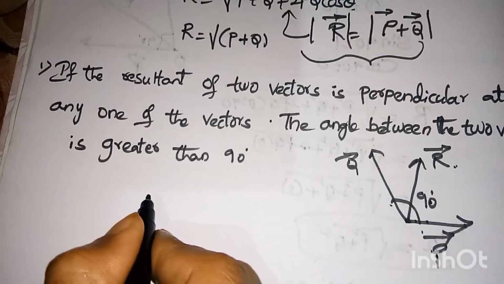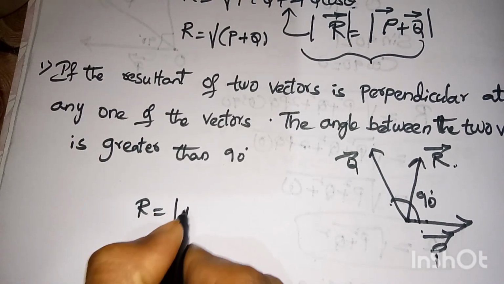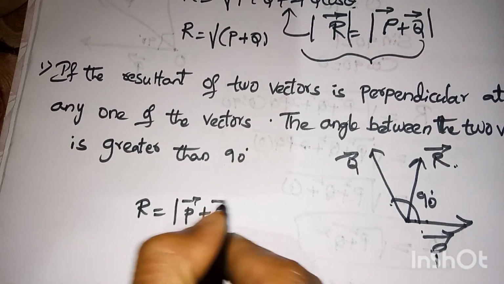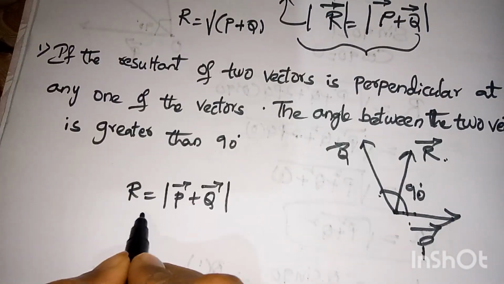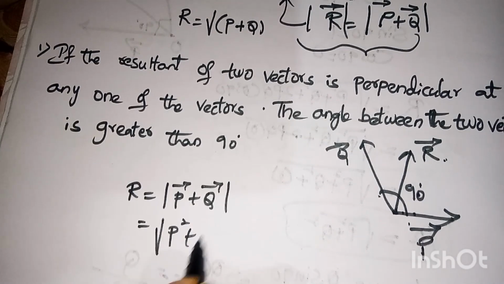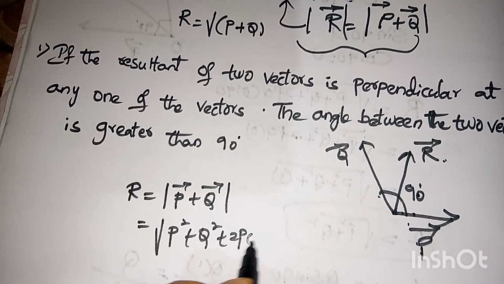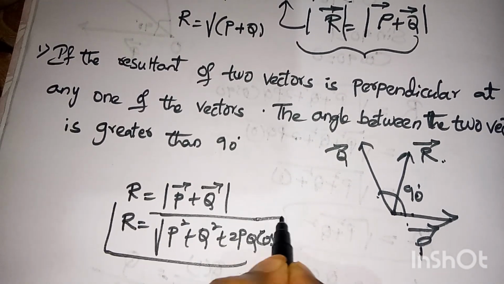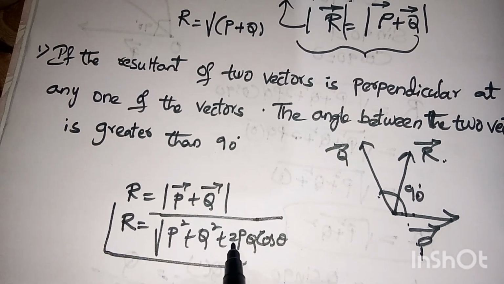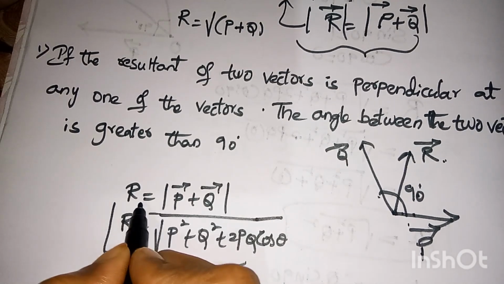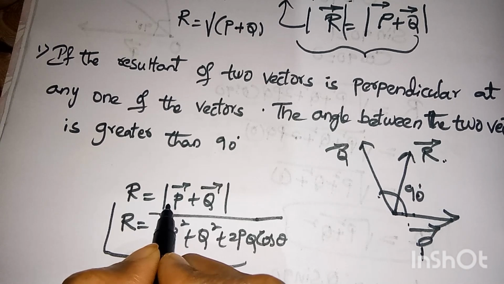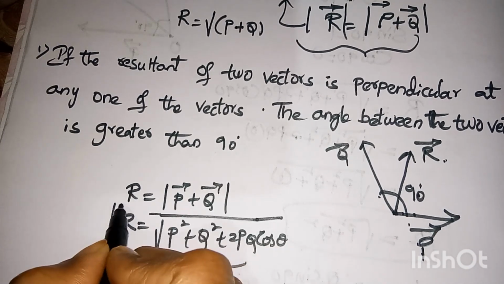And I said that R is equal to the magnitude of P bar plus Q bar. This can be written as under root P square plus Q square plus 2PQ cos theta, equal to the magnitude of the sum of two vectors.